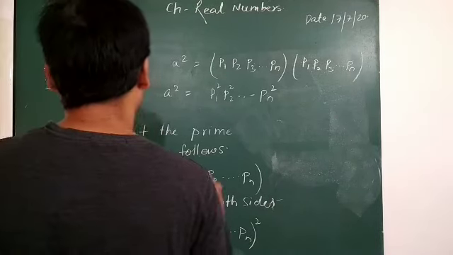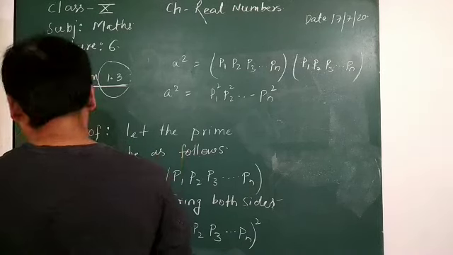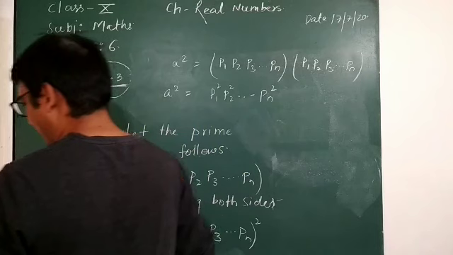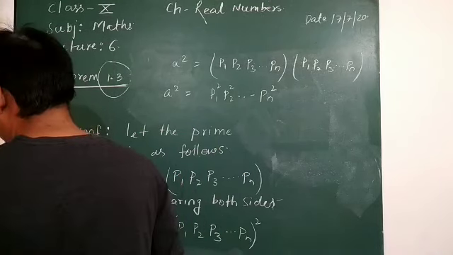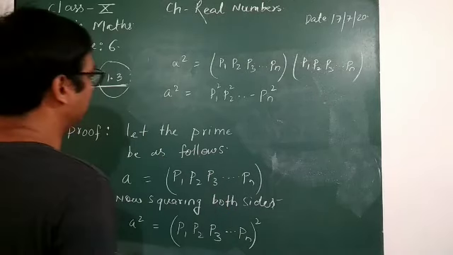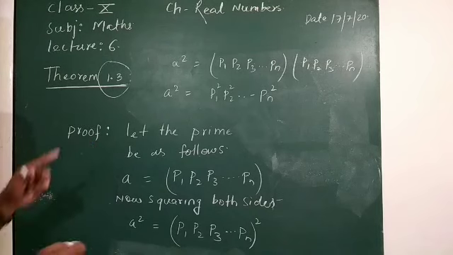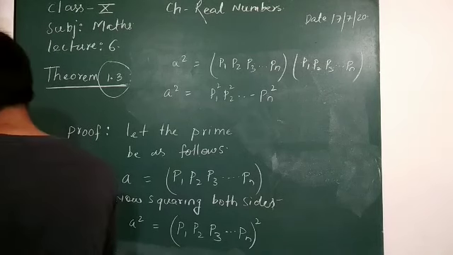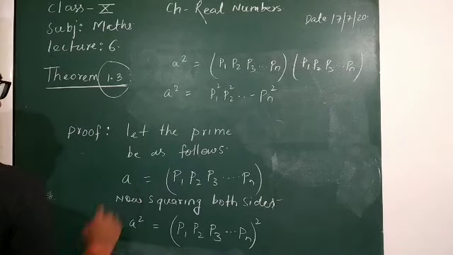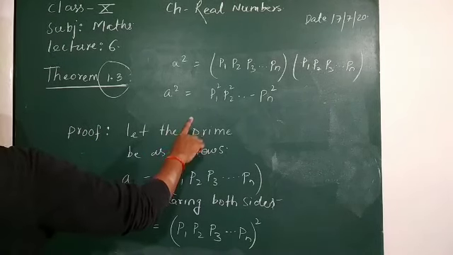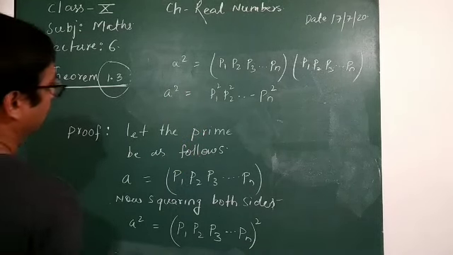Okay, it means we are already given in the theorem that P divides A square. Then from the fundamental theorem of arithmetic, it is clear that it follows that P is also one of the prime factors of A square.